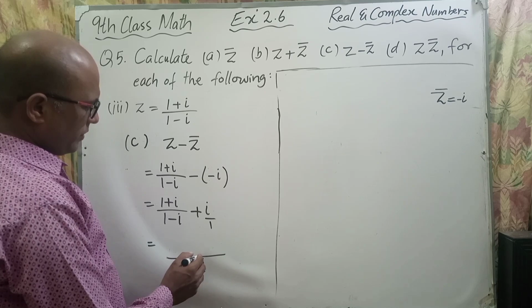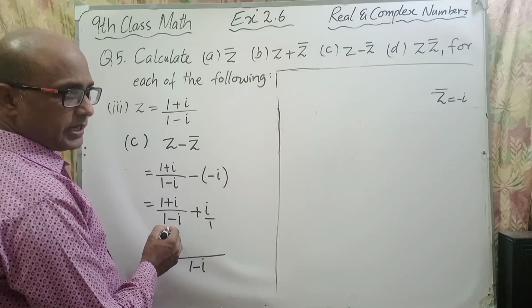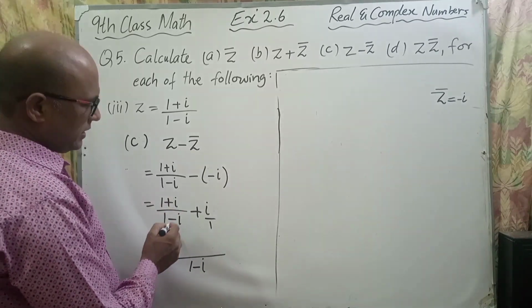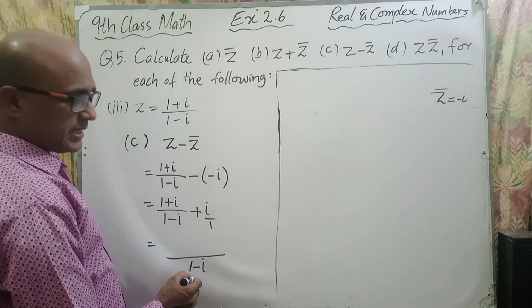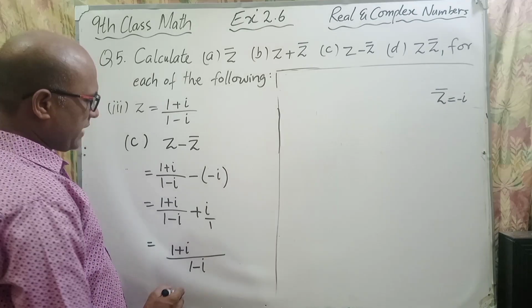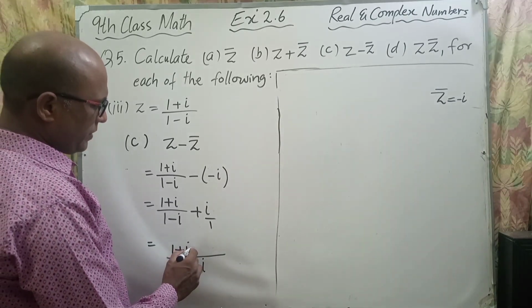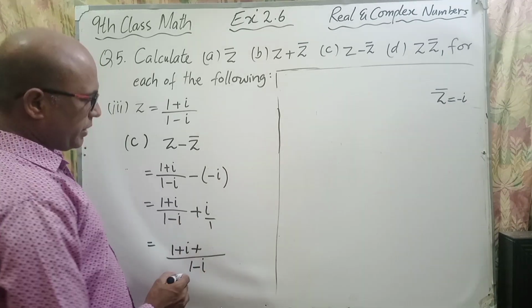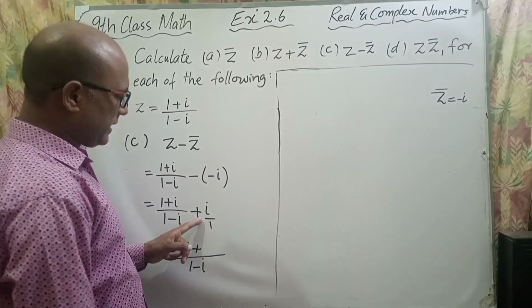So students, LCM and denominator of the first fraction are cancelled because they are the same, and only the numerator is left behind to write here. There is a plus sign between the fractions.